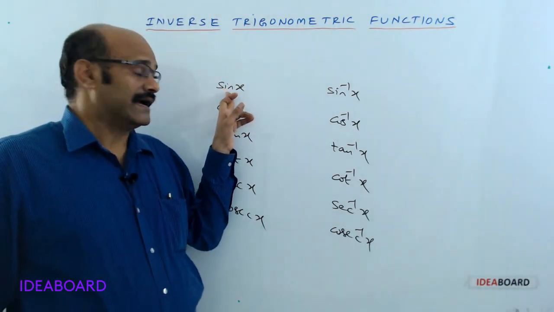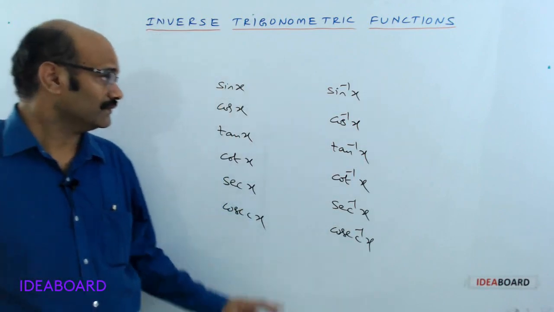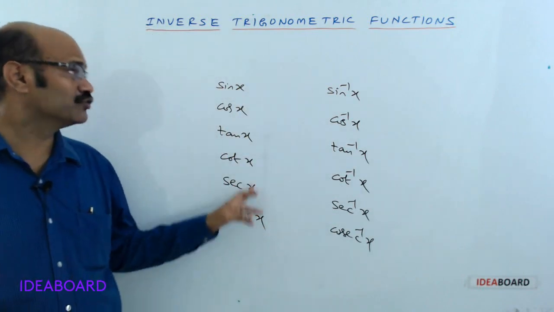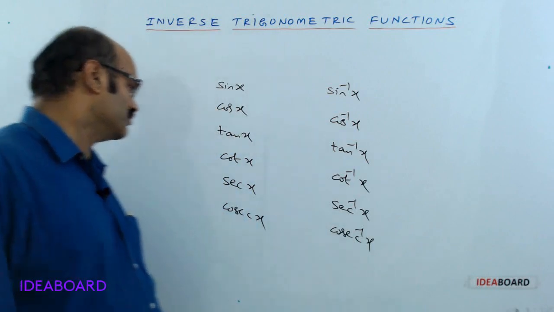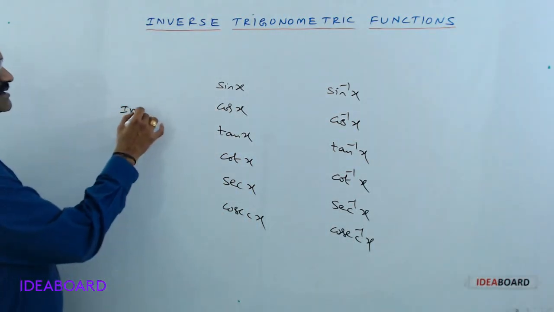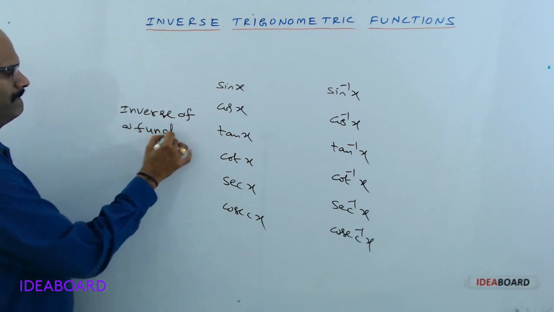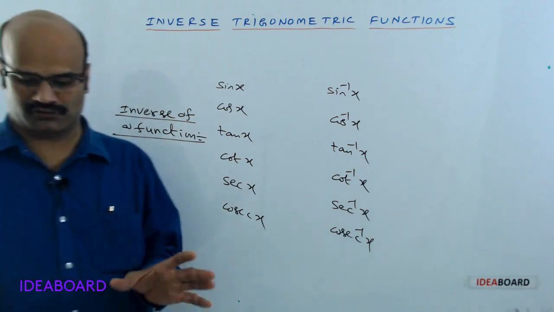Now I am going to explain what we mean by the inverse sine function. First, before we discuss the inverse of these functions, we should know what we mean by the inverse of a function. We know that the inverse of a function exists only if it is both one-one and onto.